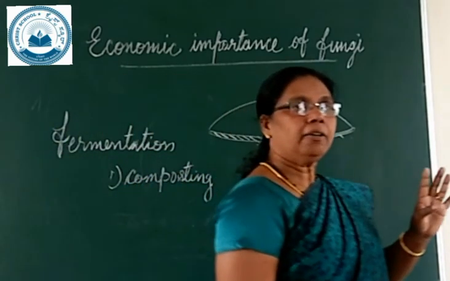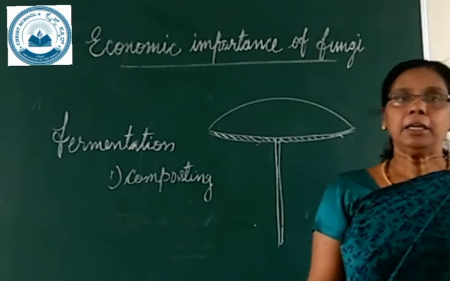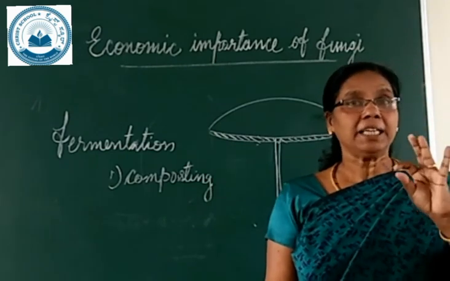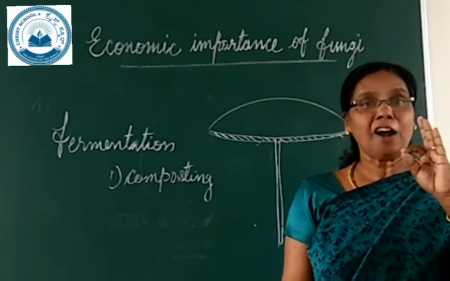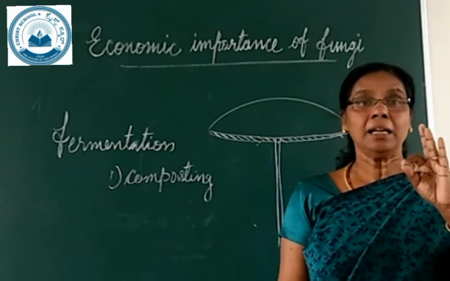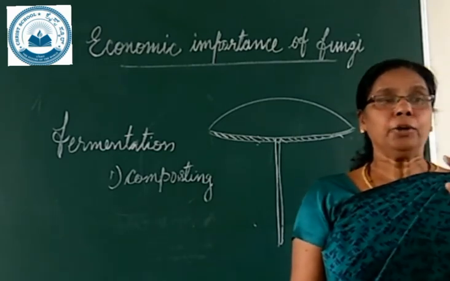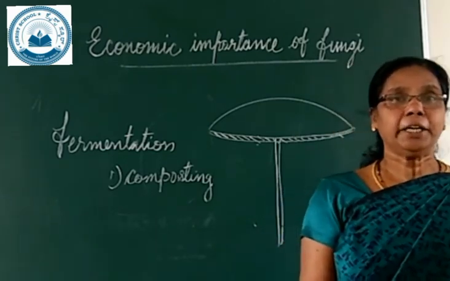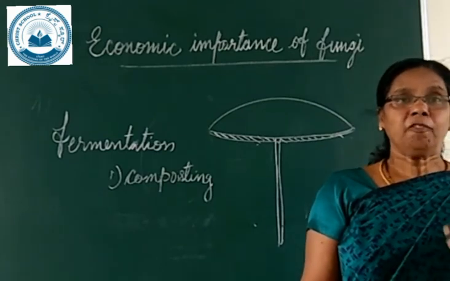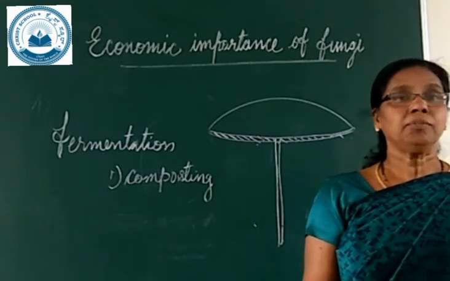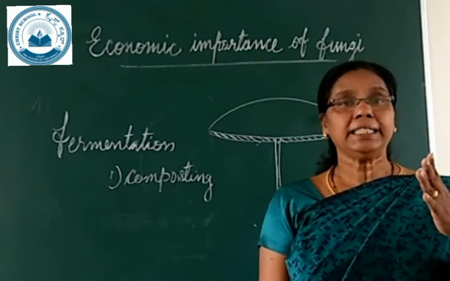Composting is now ready. What are the things needed for that? Paddy hay or wheat hay. Hay is nothing but the grass left after harvesting the paddy plant. You have to mix that with the chicken manure, the chicken waste. Again you have to add some inorganic fertilizers.